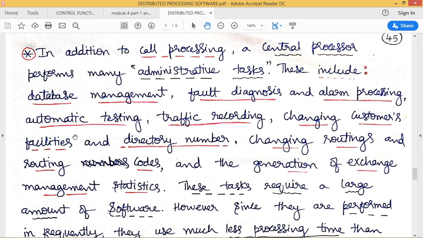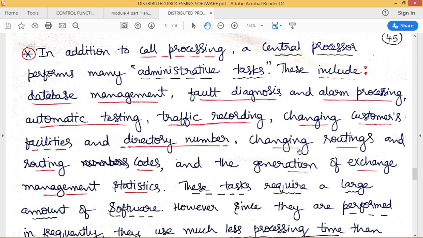Similarly, changing customer facilities. Sometimes an exchange must be able to change the customer facilities. That is what basically deals with class of service. So the exchange has the power to change the customer facilities. And directory number. Sometimes the exchange needs to change the directory number also, and also changing routing. The central processor must look into changing the routing path, in which path the routing of calls must be made.